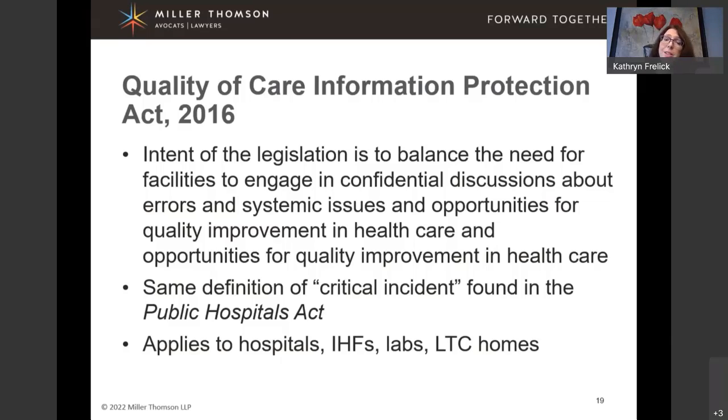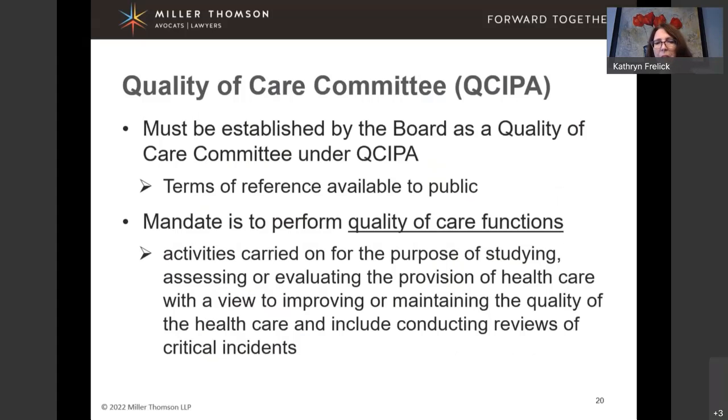The intent of this legislation is to balance the need for facilities to engage in confidential discussions about errors and systemic issues and opportunities for quality improvement in healthcare. It uses the same definition of critical incident that's found in the Public Hospitals Act.